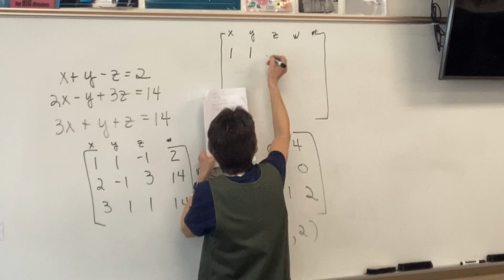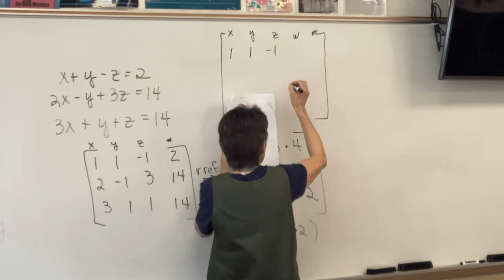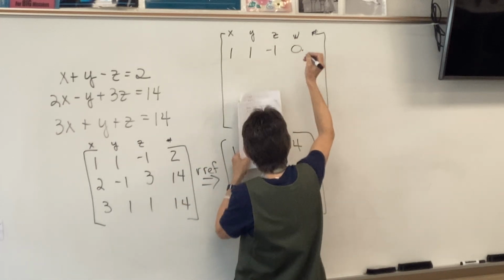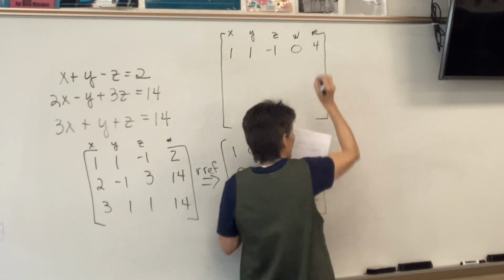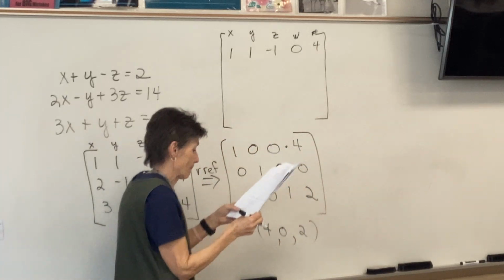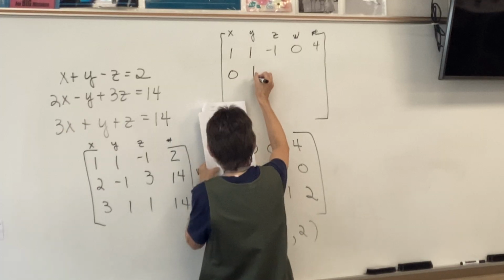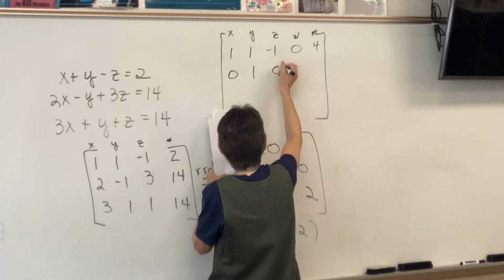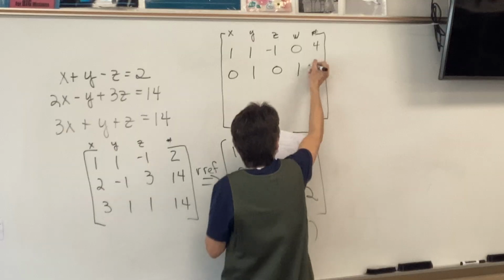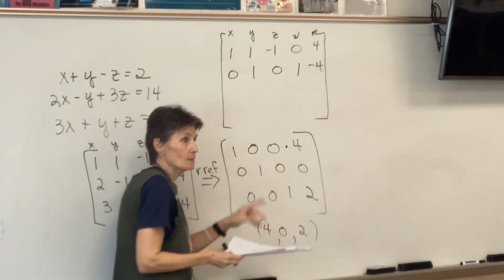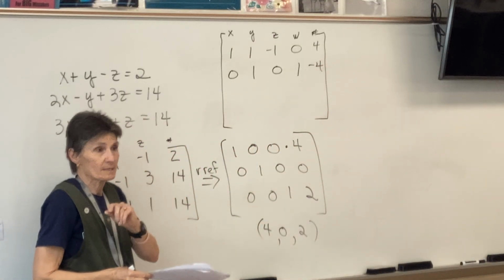1x, 1y, negative 1z, 0w, and 4? No x, a y, no z, a w, and a negative 4? You've got to be organized.